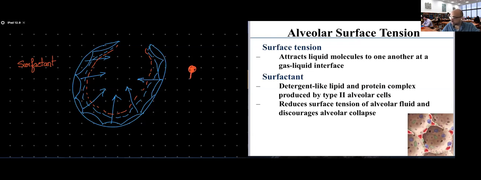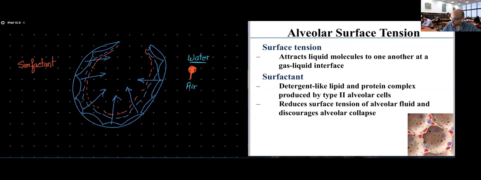So it acts as a friend for both sides. It acts as a friend with the air, and as a friend with the water, preventing the water particles from adhering to one another, from creating a high surface tension, collapsing the lungs.